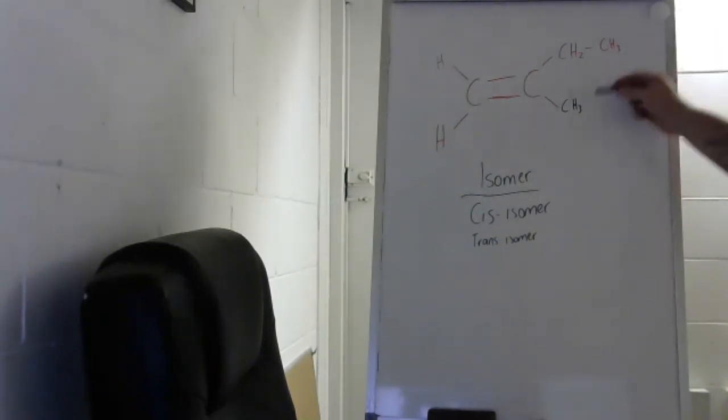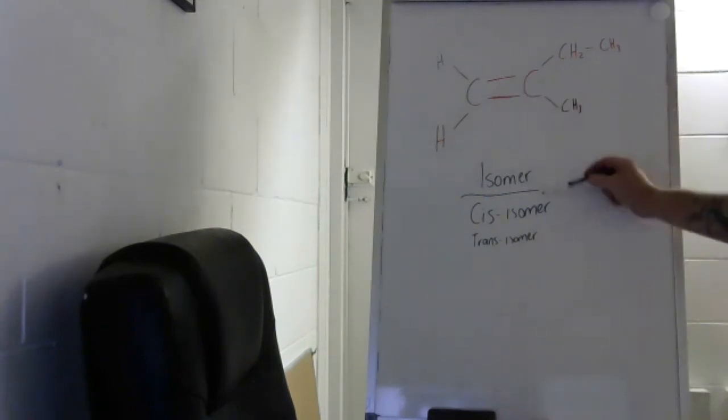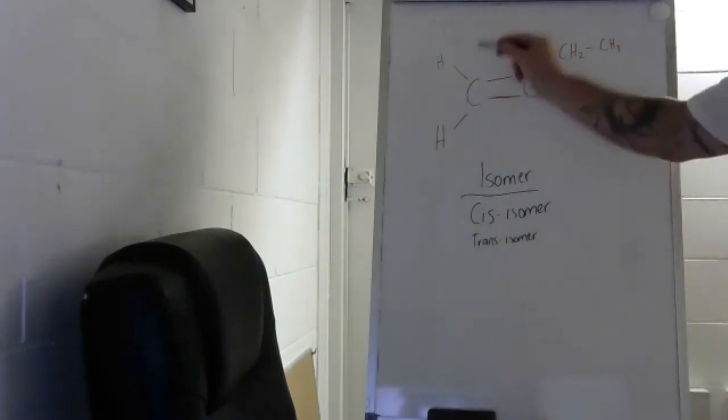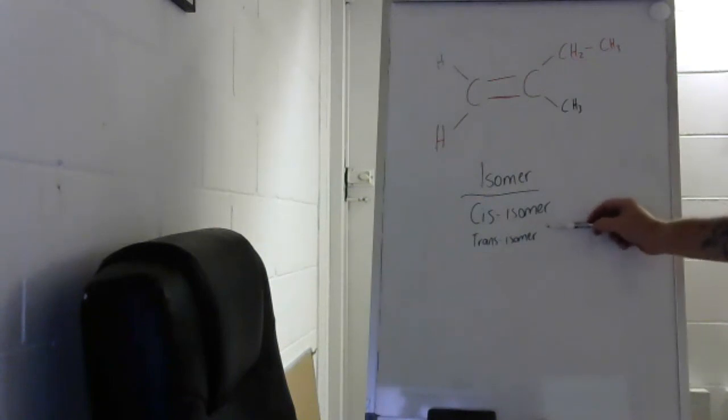Hydrogens on the same side, cis isomer. Hydrogens on different sides, it's a trans isomer.